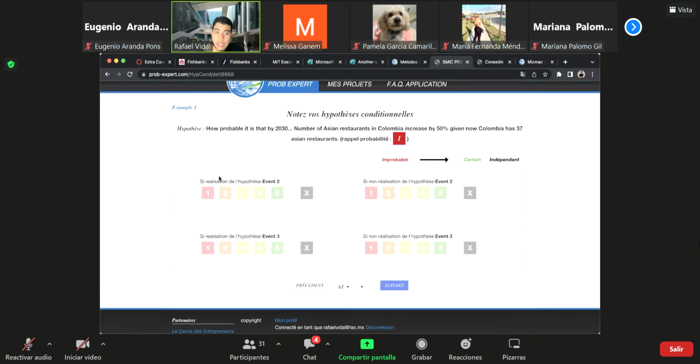So this is how you read this. How probable is for, in this case, we are talking about event 2, given that hypothesis 1 happened. So I'm going to do it random. You have to analyze it. How probable is for event 3 to happen given that hypothesis 1 happened? So I'm going to do it random again.